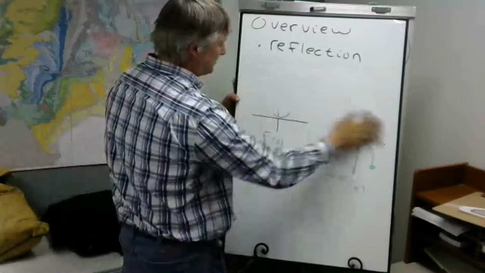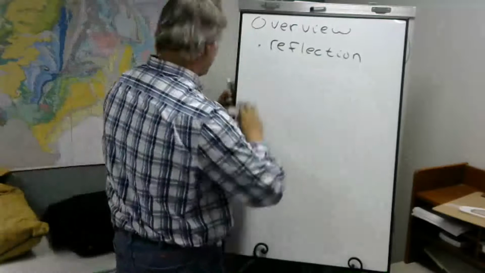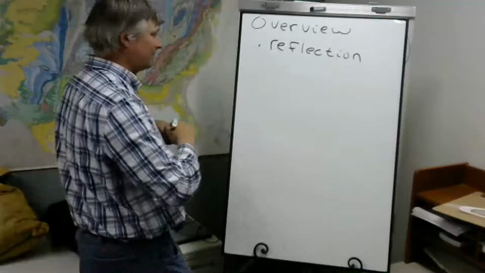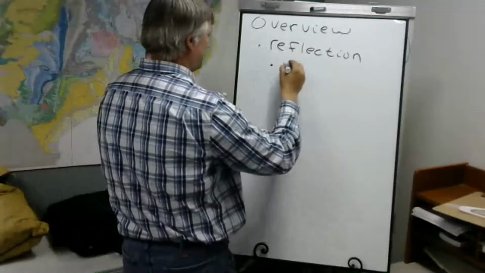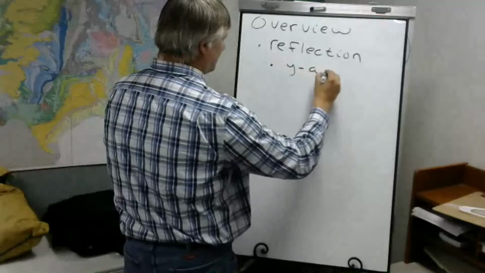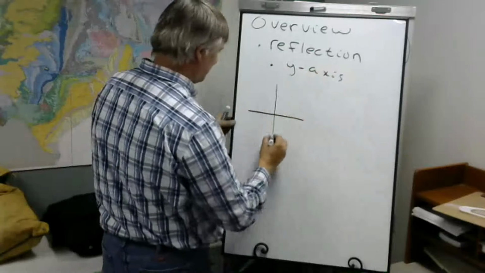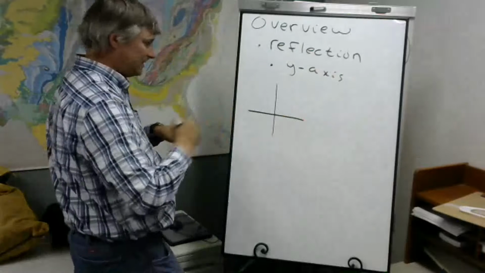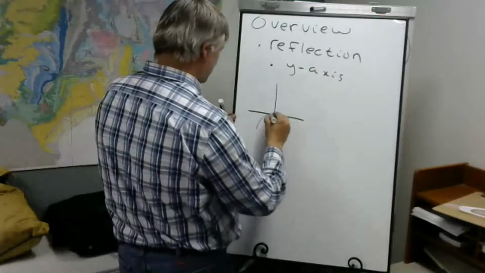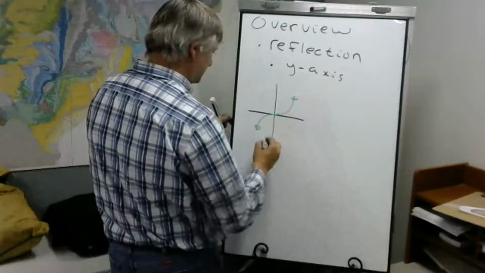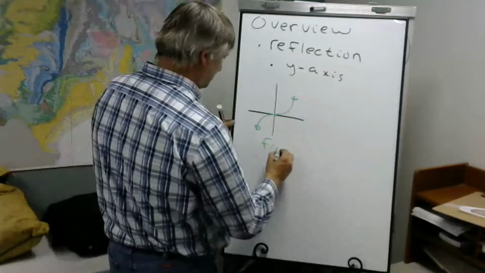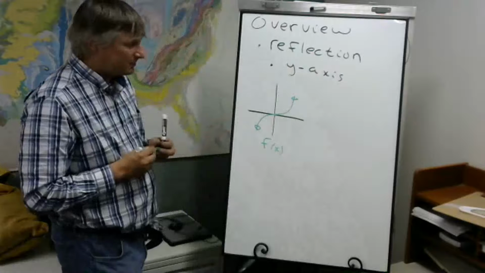Now, y-axis. Let's say we have y equals x cubed as our f of x.